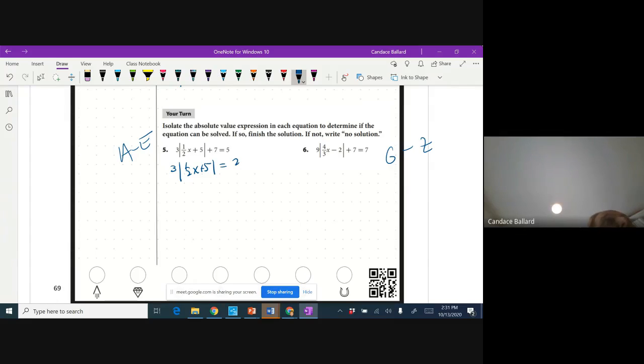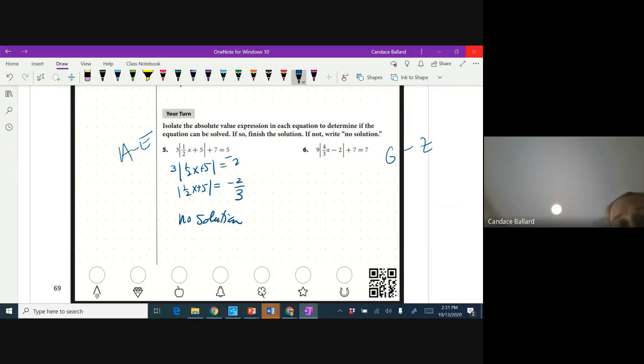I'm going to divide by the 3. So I get -2/3. It doesn't matter that that's a fraction. We don't care because it's an absolute value equal to a negative, so no solution.